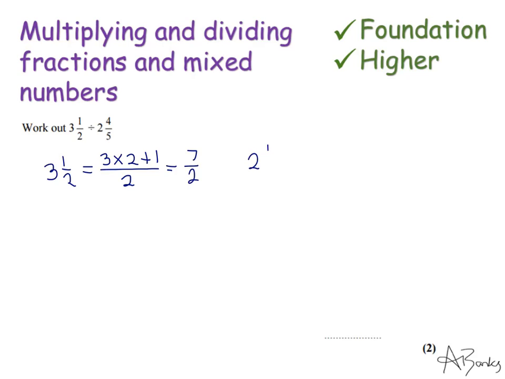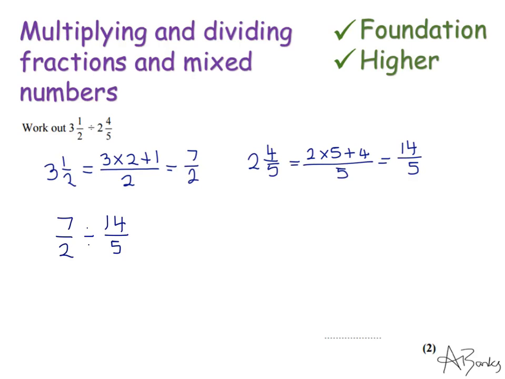And 2 4/5, I'm going to do 2 times 5 add 4 over 5. That's 14/5. So I'm going to change the calculation they gave me to 7/2 divided by 14/5.